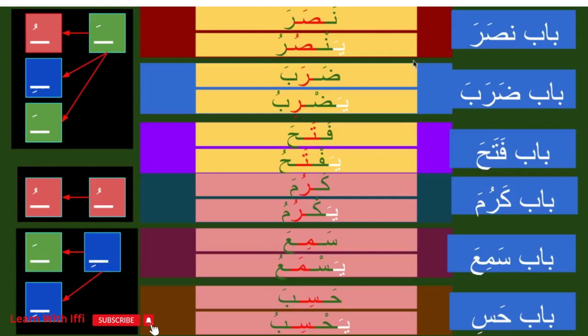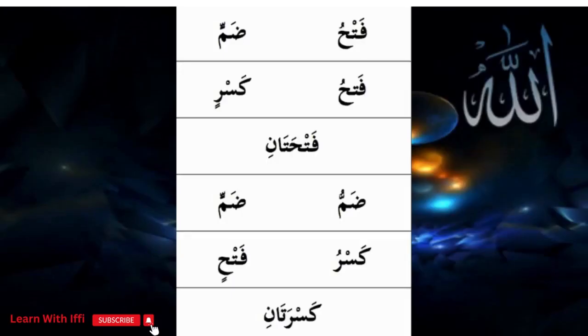The reason we need to know this is that it makes it easy if you understand which fi'l comes in which bab, and the other nouns which are derived from these babs, which makes it easy to understand where they come from, inshallah.